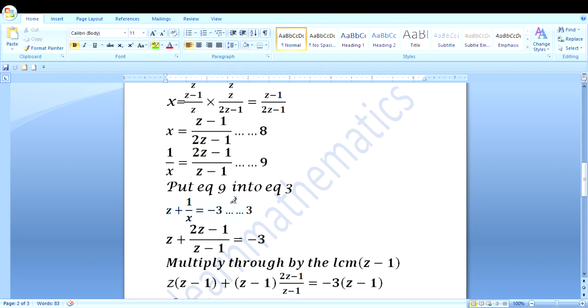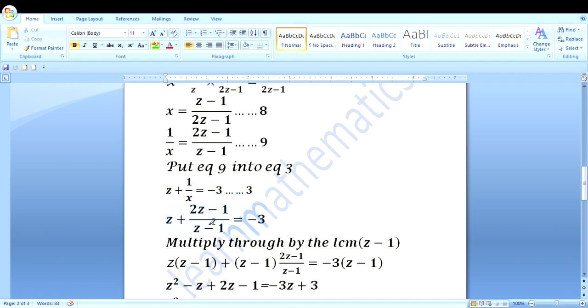So we put this into equation 3, so that this becomes z plus 1 over x, which is the right hand side of equation 9. So this becomes z plus 2z minus 1 over z minus 1 is equal to minus 3.